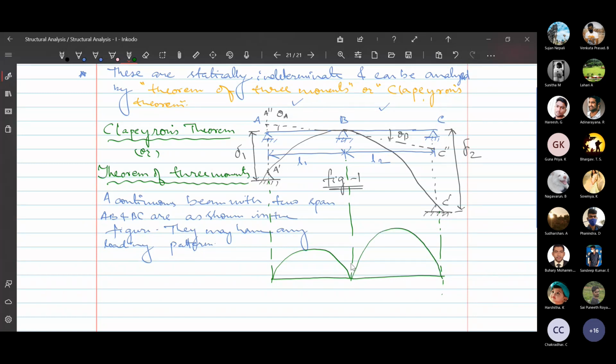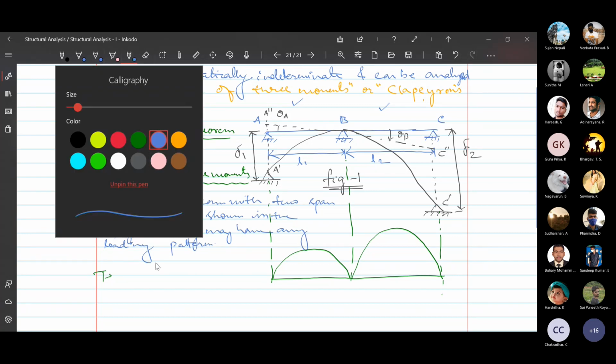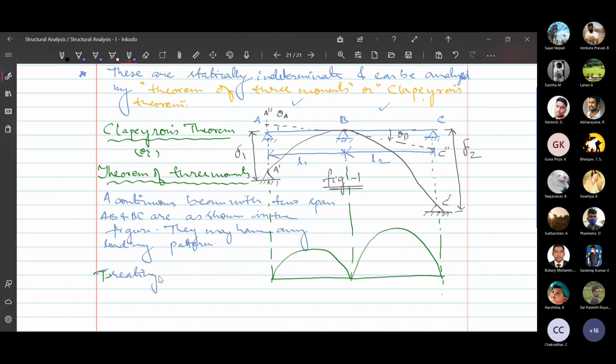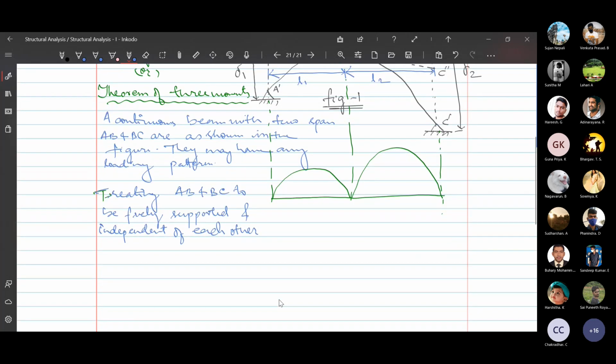Okay, so here you can take down a point: treating AB and BC to be freely supported and independent of each other, the bending moment diagram BMD is shown in figure 2.